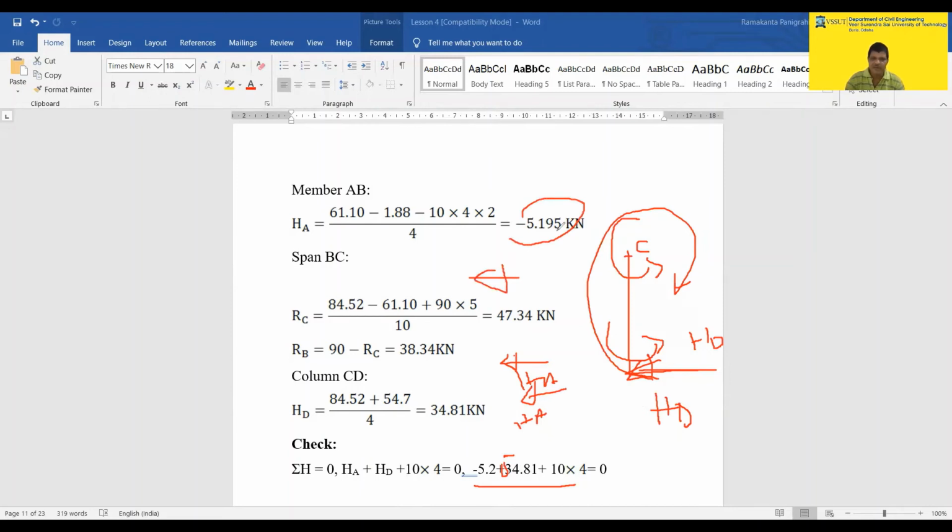So 5.5915 plus 34.81, if you combine, will be equal to 40. This UDL is acting in this direction. So HA is in this direction and HD is in this direction. So HA plus HD is equal to 40. You can automatically get the value and check yourself. So these are the checkings for this.